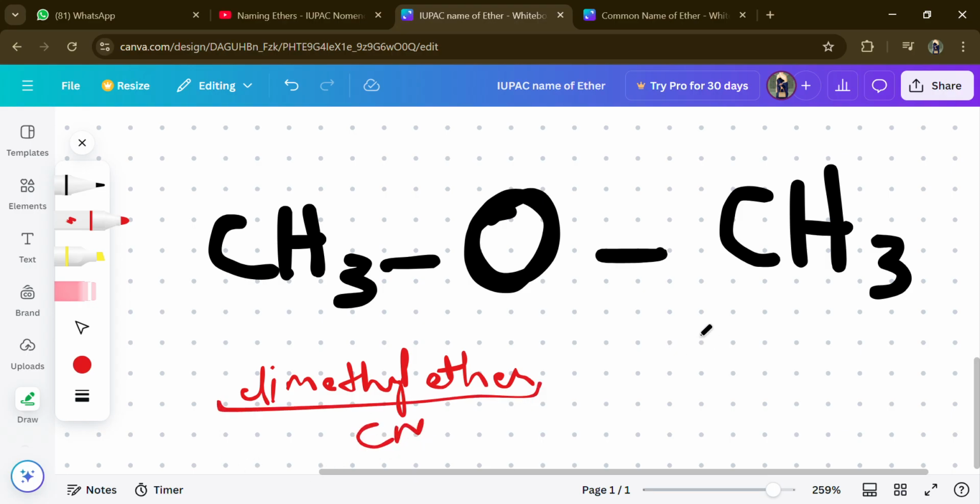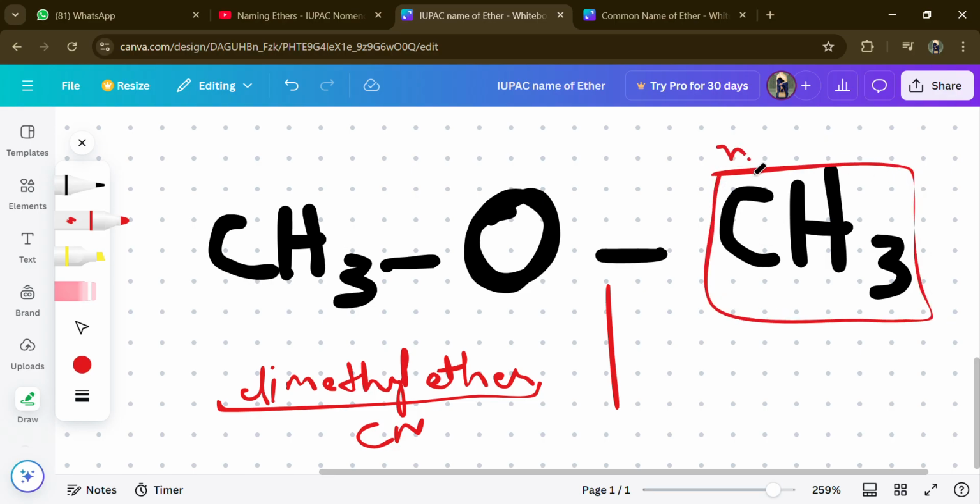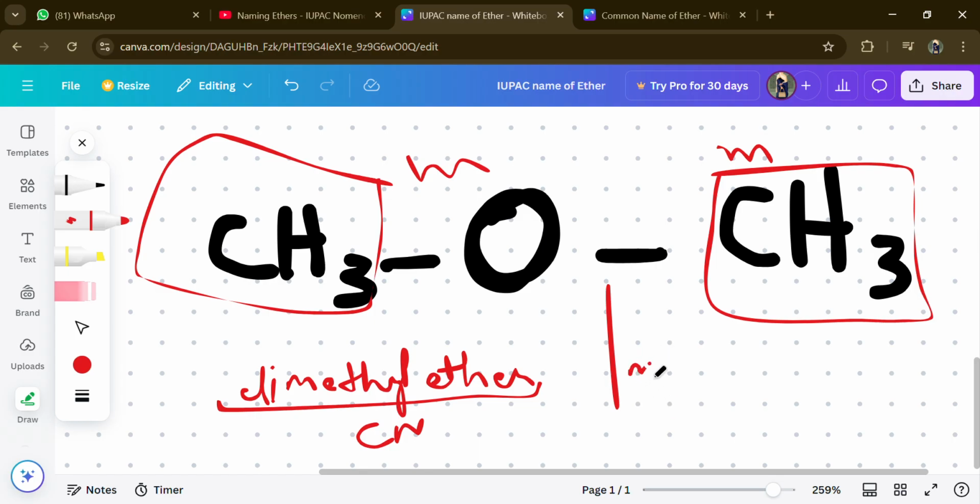But in the case of the IUPAC name, first we need to write the oxy group. For the oxy group, we have to consider the smallest functional group. In this case, this one has one carbon, that is M, and this one is similar to the previous one, M. So both functional groups have an equal number of carbons. So first we'll write methoxy.